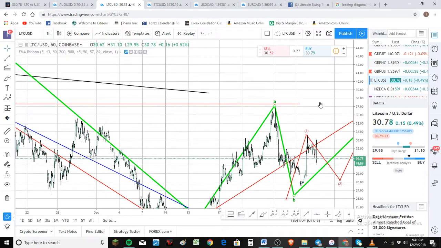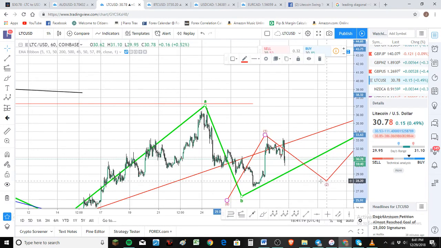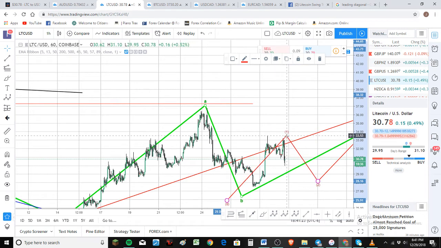There's a clear A. Yeah, that could be A, B. That could be C, and then that means we're going up to 1, 2, 2. We're making the 2 wave right here. So this might be the completion of the 1, though it didn't make a higher high, so I don't think it can.